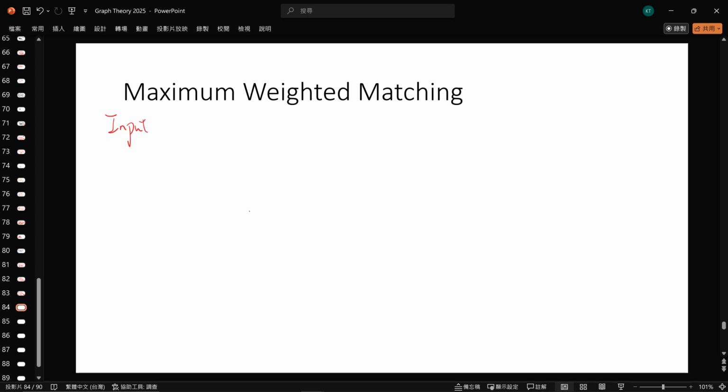So the input is an edge weighted bipartite graph, and we're going to use W to denote the edge weight.